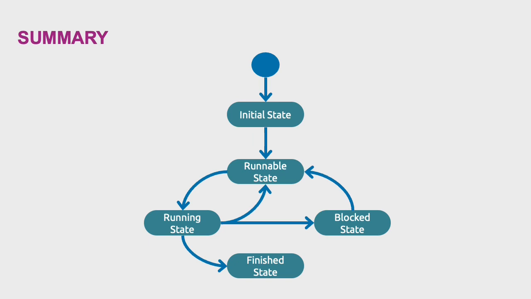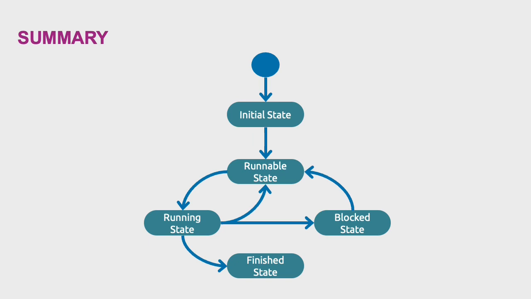A thread in runnable state is available, can run, and is in a pool of runnable threads that are competing for the CPU. When the scheduler schedules the thread to run for a specified time slice on a CPU, the thread transitions to the running state.